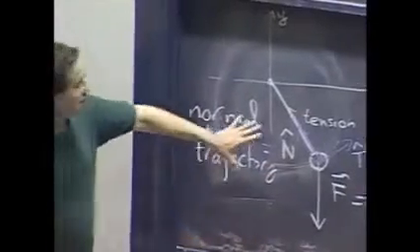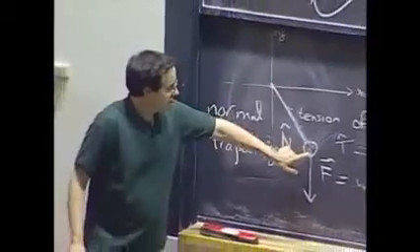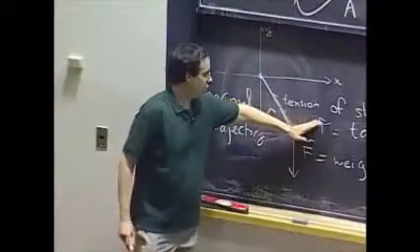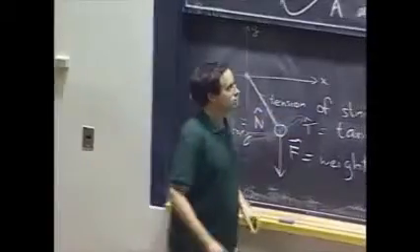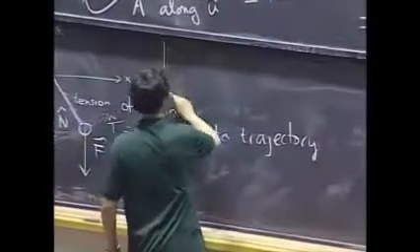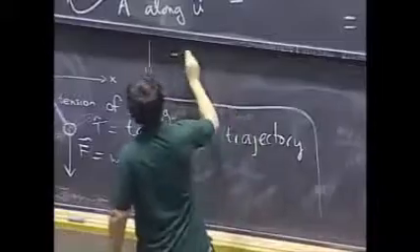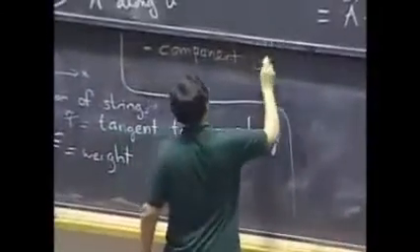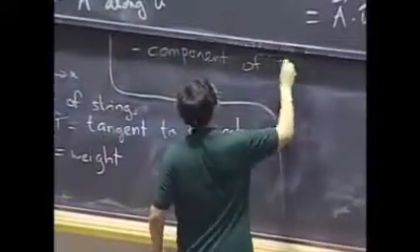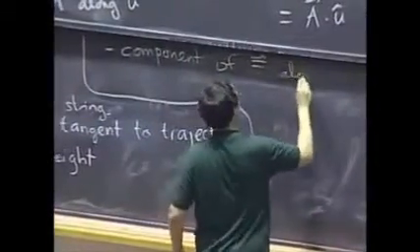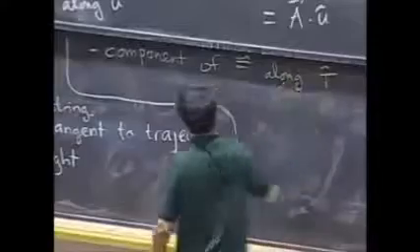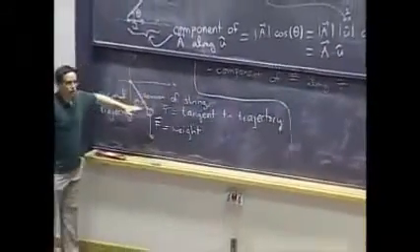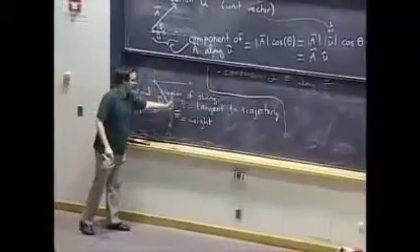And so now, if you think about it, you can look at the components of the weight along the tangent direction and along the normal direction. And so the component of F along the tangent direction is what causes acceleration in the direction along the trajectory. It's what causes the pendulum to swing back and forth.